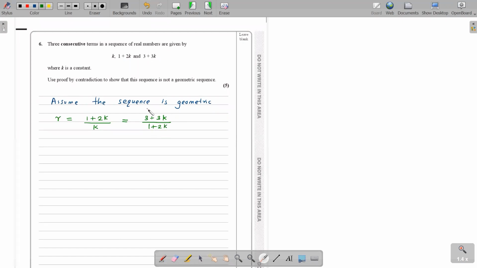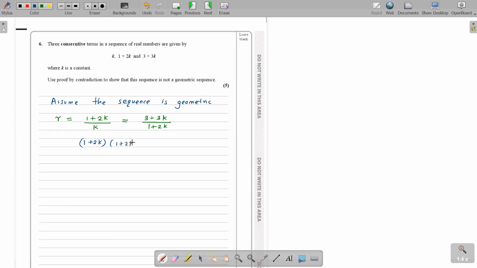Since we assume it's geometric, the common ratios from both pairs must be the same. Okay, so now let's simplify and get an equation for k, and see how we show this statement is wrong. So 1 plus 2k will multiply with 1 plus 2k.